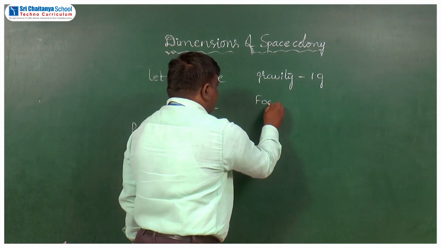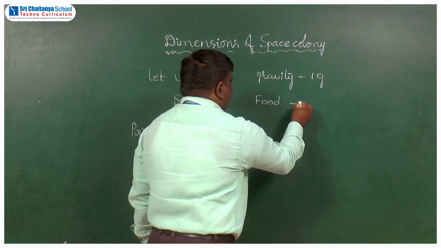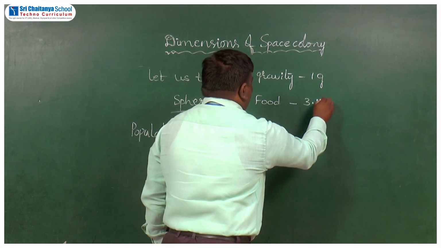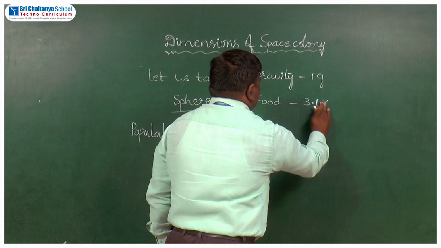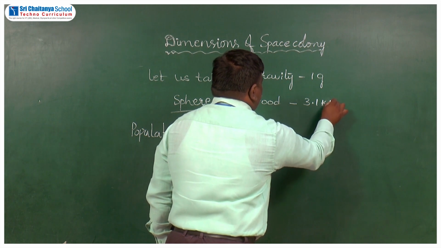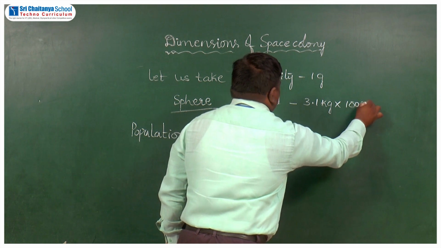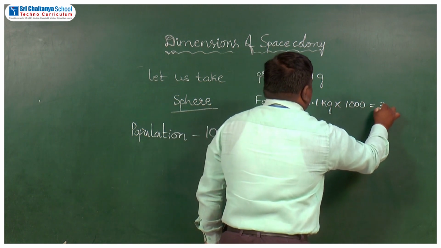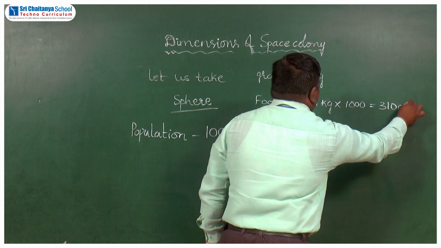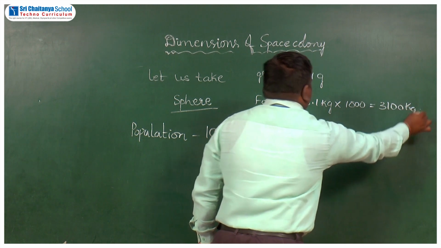Okay. And the next one is food. Food is 3.1 kg into 1000. How much is it? 3100 kg.